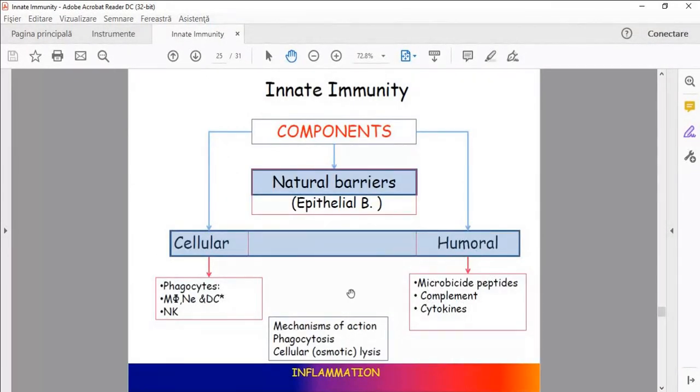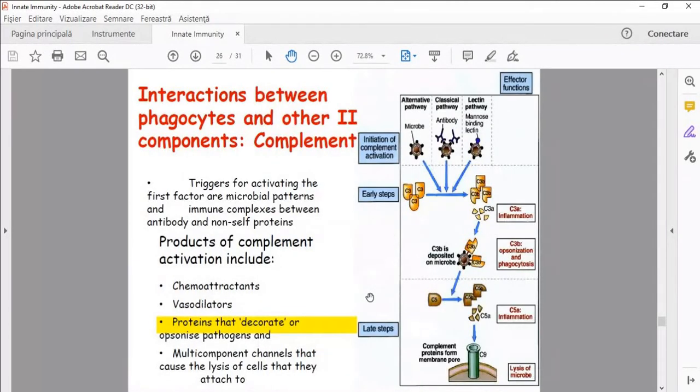So next, I present to you very briefly the interactions between phagocytes and other innate immune components, such as complement.